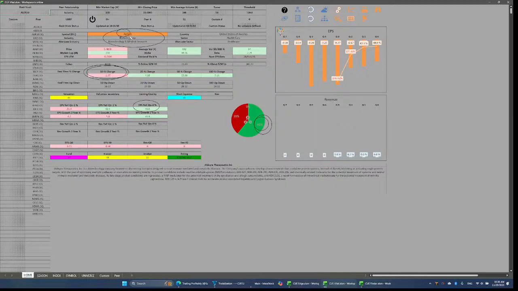It's a small cap. You can look from the color code of the background of the RIC symbol. This color is small cap. So it's a small cap biotech showing some earnings growth, but we may not look at only that, because we look at also whether the company is making profit.